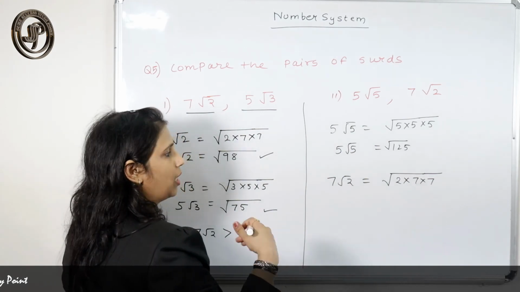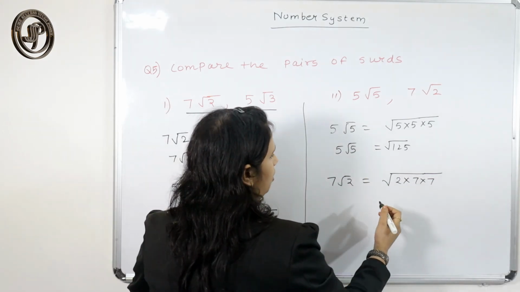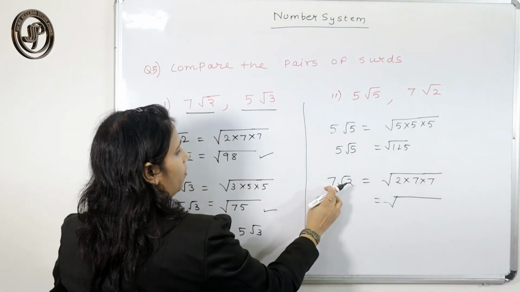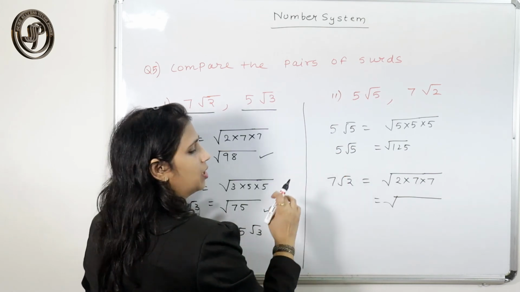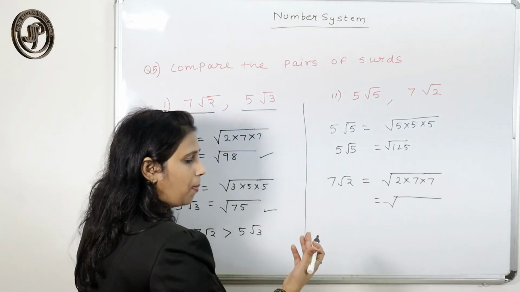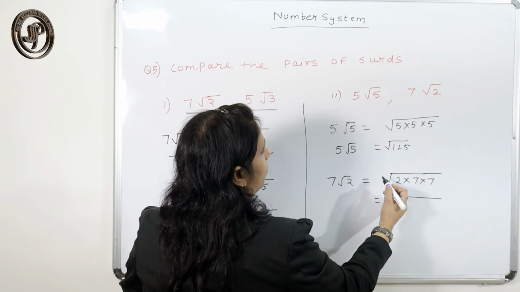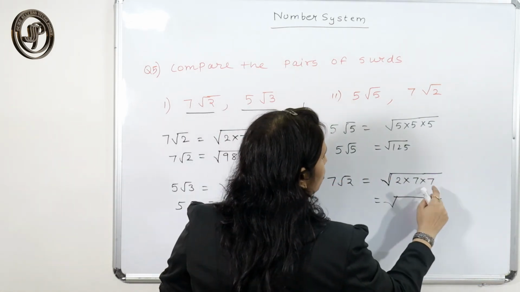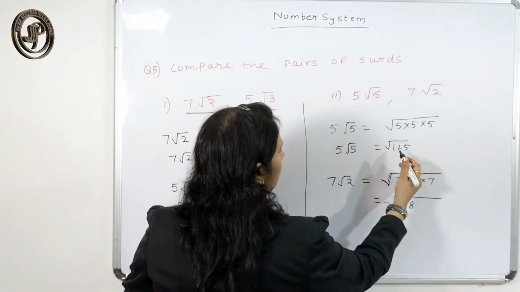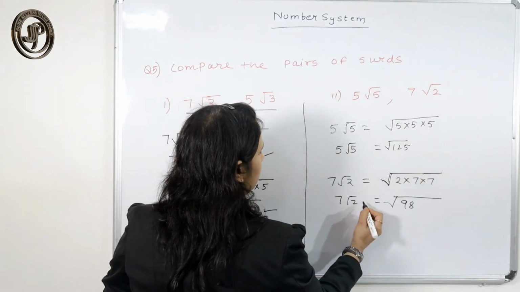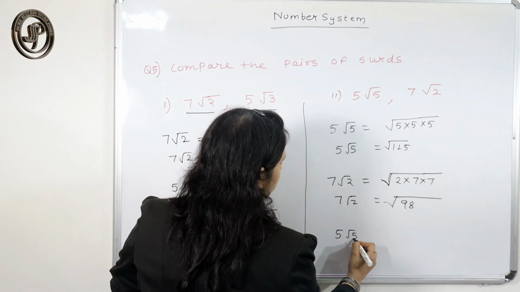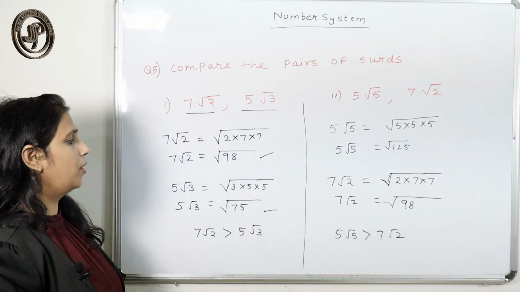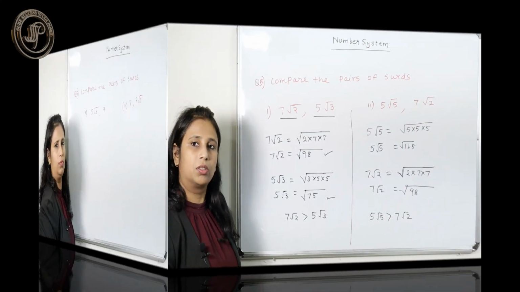If you bring the 7 inside the radical, then you have to multiply it 2 times. That is the important thing: whatever is outside, if you bring it inside, you just have to multiply it as many times as your order is. So that is 98. Now you can compare very easily which one is greater. So you can write 5 root 5 is greater than 7 root 2. This way you can compare the irrational numbers.